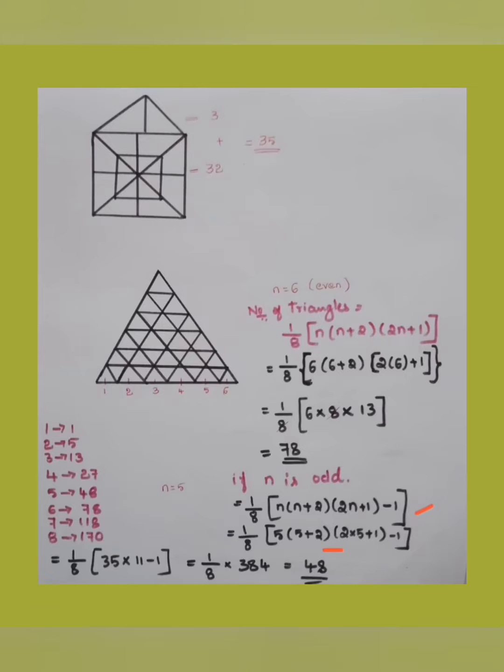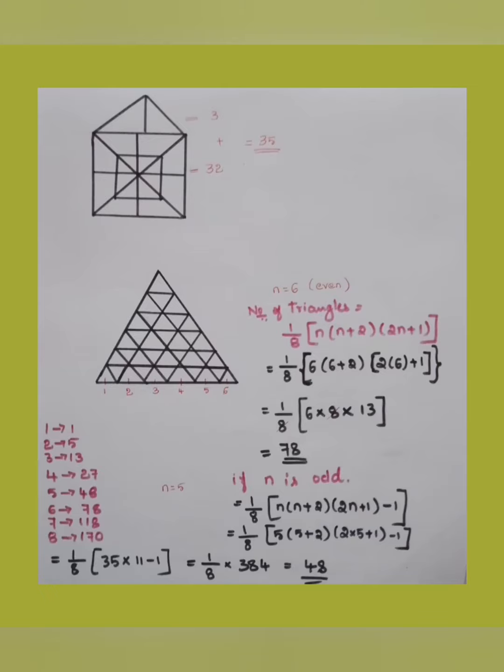The same method: n, that is 5, of 5 plus 2 of 2 into 5 plus 1 of minus 1. Be careful while multiplying with these brackets, use the BODMAS rule. Already we have made a video on this BODMAS rule for basic mathematics, the number system. Please check the description box for the link, and if you want more clarification, check it out.